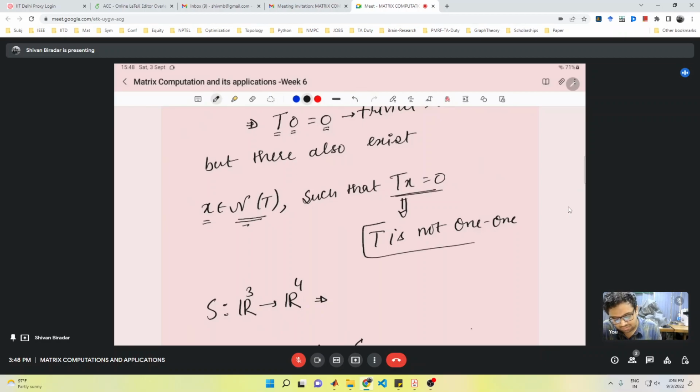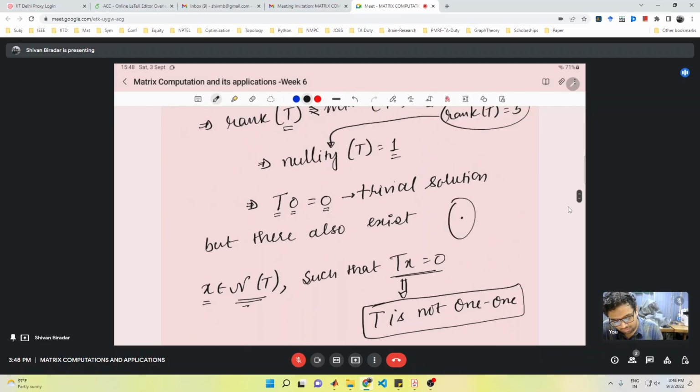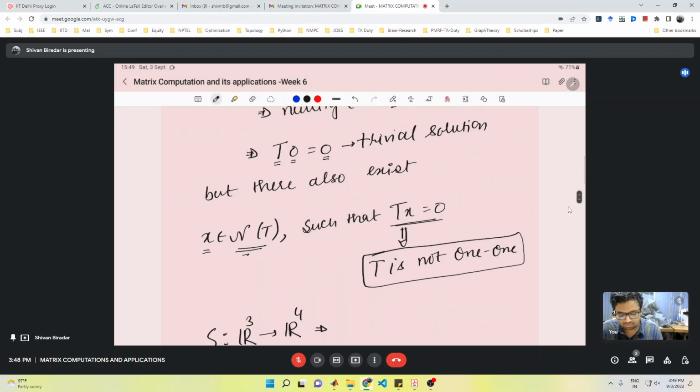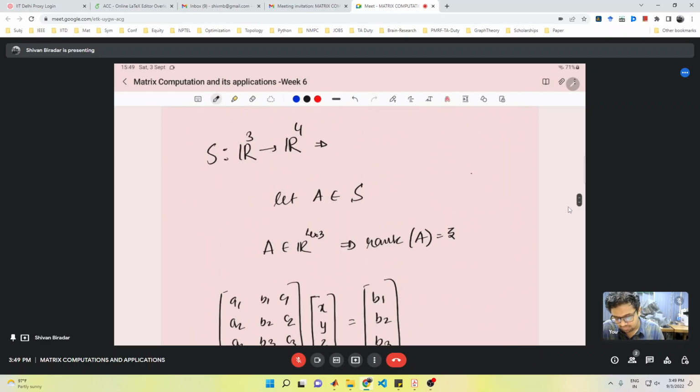This says that T is not a one-one transformation. In a one-one transformation, only the zero vector can give us zero. But now there are x1, x2 and a zero vector, all going to a zero vector. So this is not a one-one transformation. In a one-one transformation, the dimension of the null space is equal to 0.